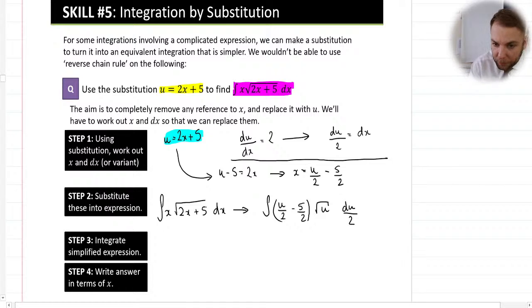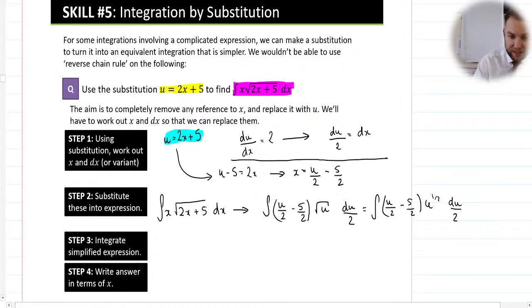Now I probably would also write this root u as a power of half. So I'm going to just do that quickly: u over 2 minus 5 over 2 times u to the power of a half du over 2.